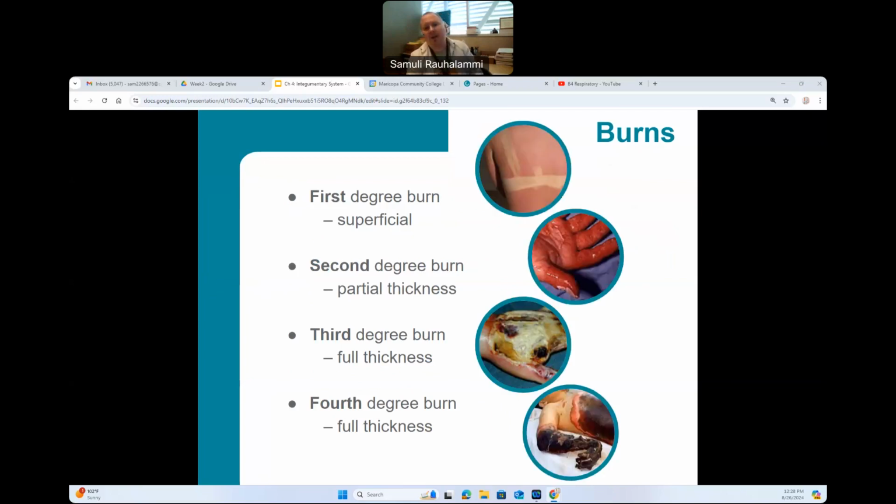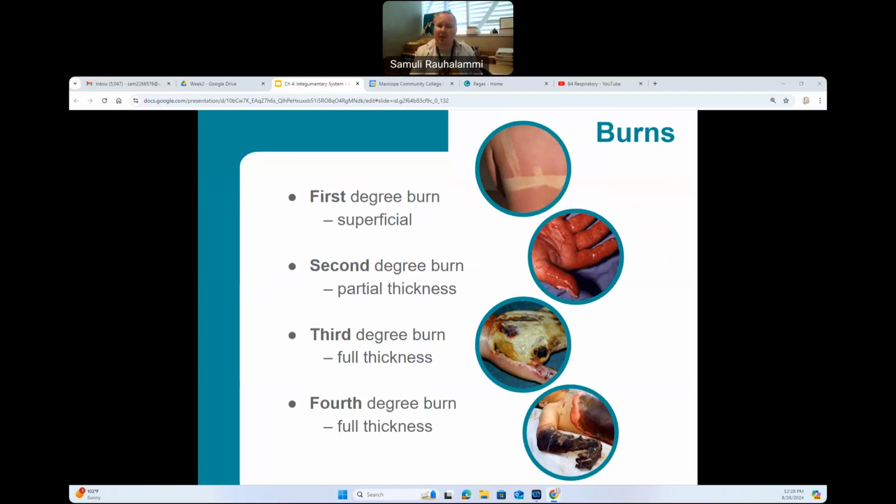So let's start by talking about first-degree burns. These are only superficial burns, where only the epidermis is damaged. As a result, the skin appears red and swollen. Second-degree burns instead are known as partial thickness burns. This is where the epidermis and the superficial part of the dermis are damaged.